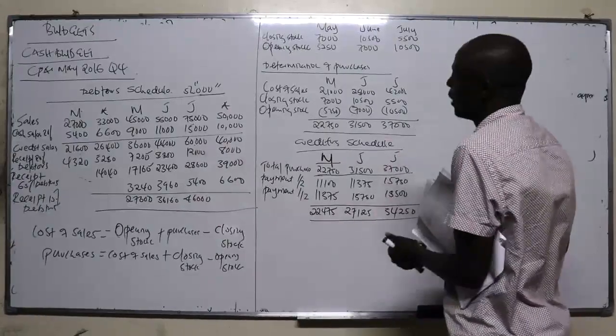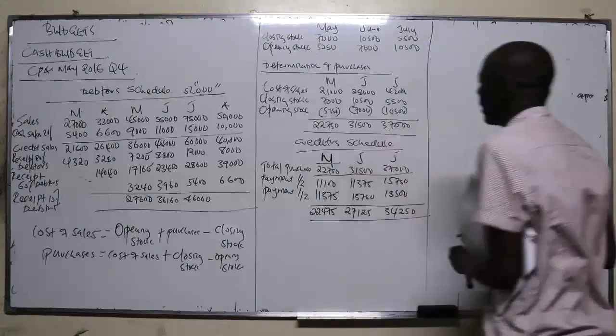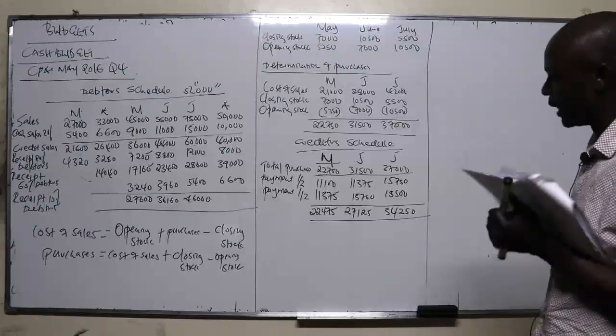So now at that point, we can make what? We can make our cash budget. So what is the name of the company? Mark Limited.